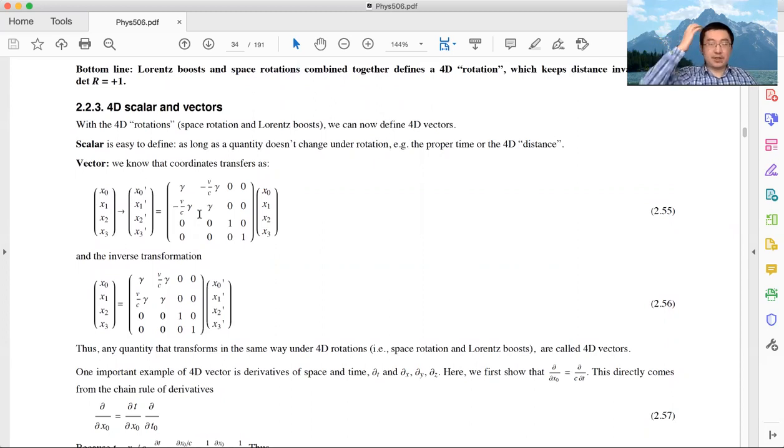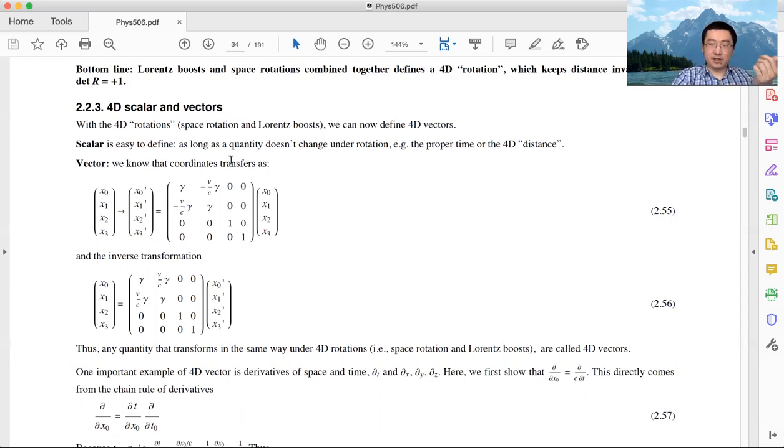Then we say any object that, under Lorentz boost and the spatial rotation, behaves the same as our coordinates is a 4D vector. If under Lorentz boost and the spatial rotation this quantity never changes, then that is a scalar.